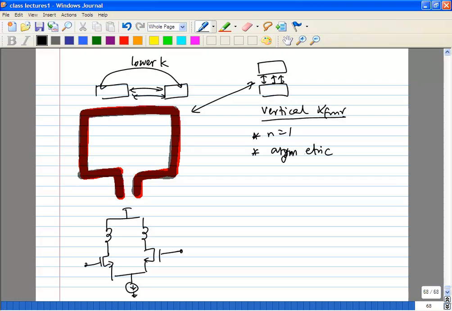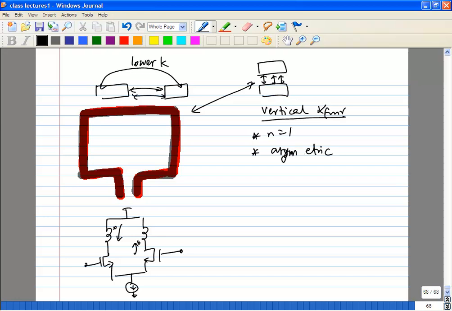Obviously you can't use this kind of thing, even though you want maximum coupling, because the differential current, when it flows like this, is going to flow like this in the other side. The more coupling you get, that means the higher Q you will get from this transformer. But you also want symmetry. You can't use this kind of thing in such a case.